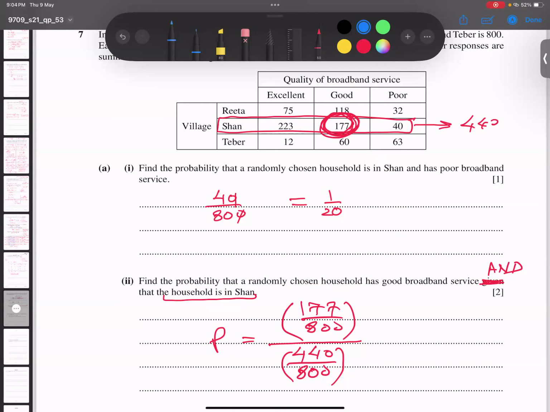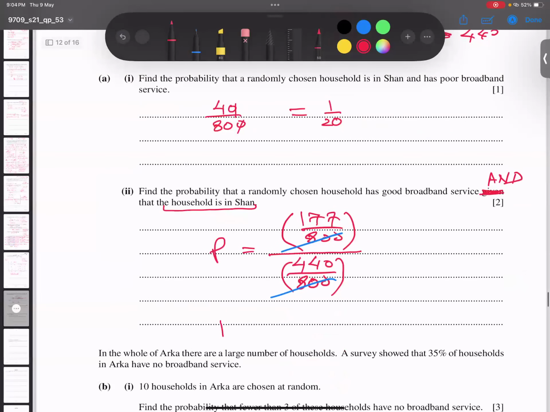So 800 cancels out, and this is our answer. So I'm writing finally 177 over 440. Can I simplify further? I don't think so. Let me check 177 or 440. No. Okay, this is our answer. You can write in decimals even. Answer is 0.402. No problem at all.